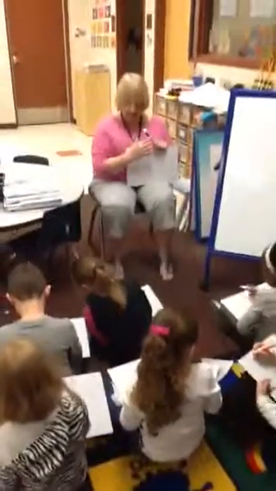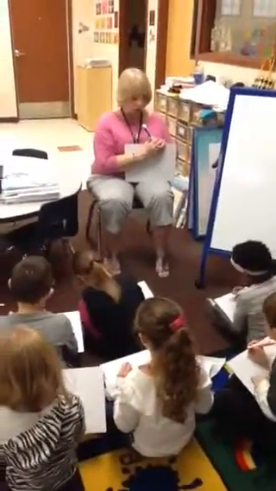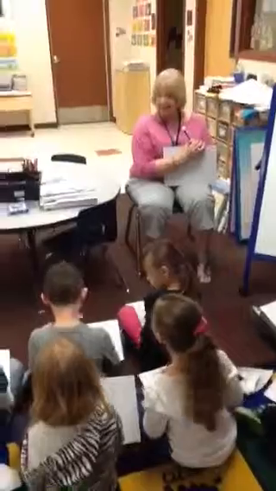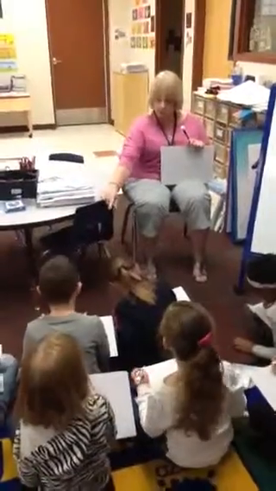Let's go to the next one. Tan. T. What comes next? A. Do we ever have capitals in the middle of a word? Nope. It needs to be lowercase. Okay, Aiden, that's an O. We need an A. No, it's not T-O-A. Erase both of them.